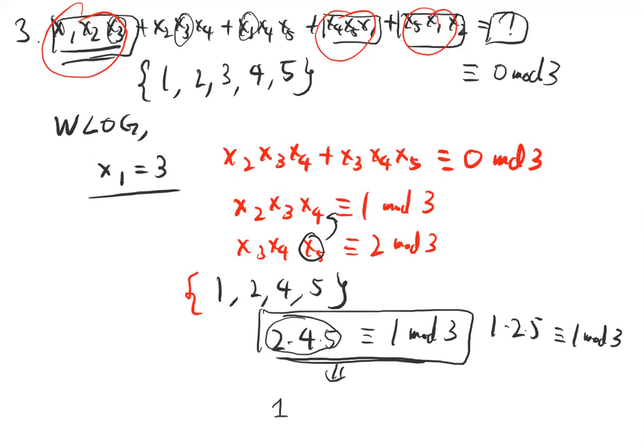Obviously, 4 times 5 can be an option. What else? 2 times 4 can also be an option.